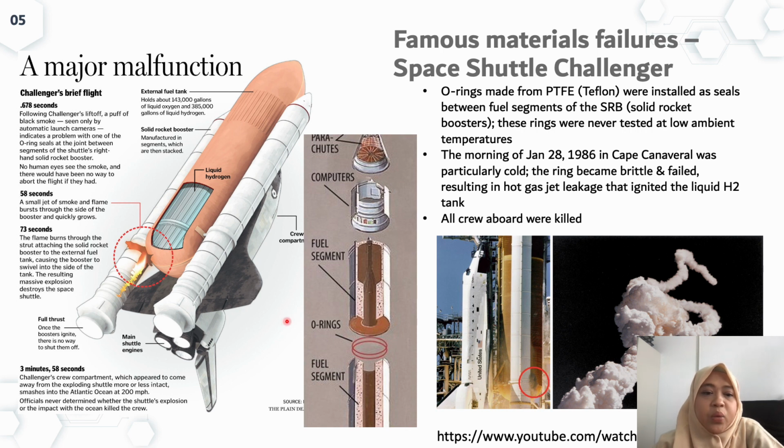Because it was cold, the O-ring became very brittle, and then there was a leak and crack around the O-ring. The liquid fuel tank was leaking and came into contact with the fire, and of course it led to failure, and all the crew aboard were killed.